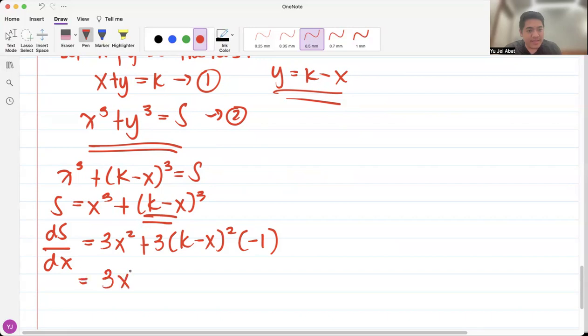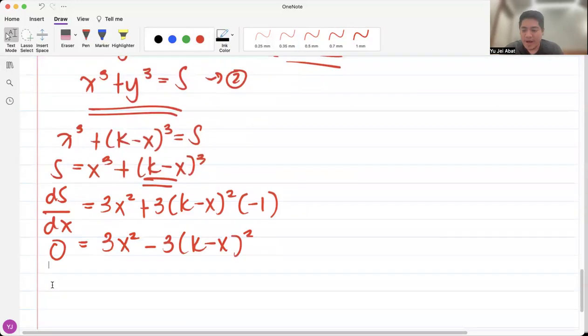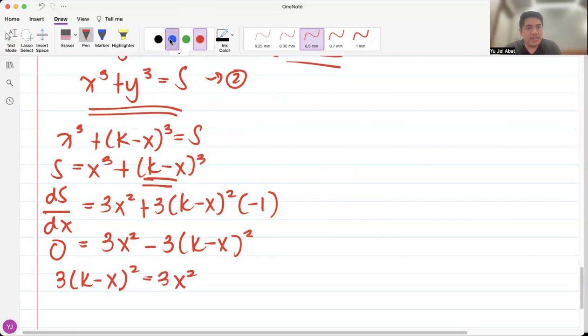So you have 3x squared minus 3(k minus x) squared. Of course, this would be 0 if we want to find the minimum value. So transposing the second term, we have 3(k minus x) squared equals 3x squared. The 3's will cancel, so you have (k minus x) squared equals x squared.